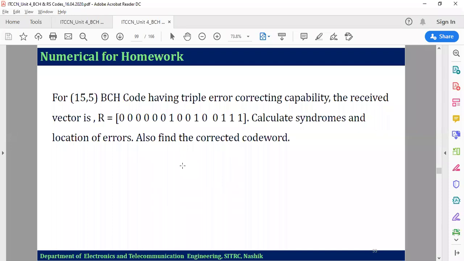This is similar to what you have solved here. Have you written the example?